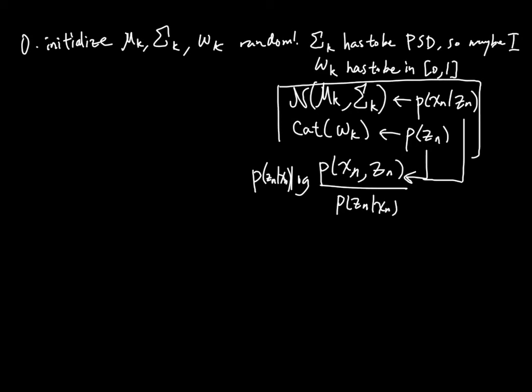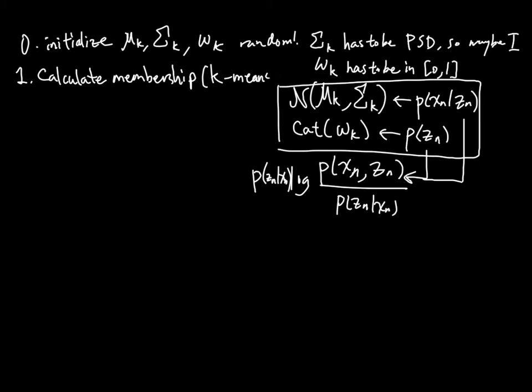So we get these distributions, and what we do is we say step 1, we calculate membership. This is kind of like k-means. However, now it's not going to be 0 or 1, as in the closest cluster has the closest points. Now we're going to give it a probability.